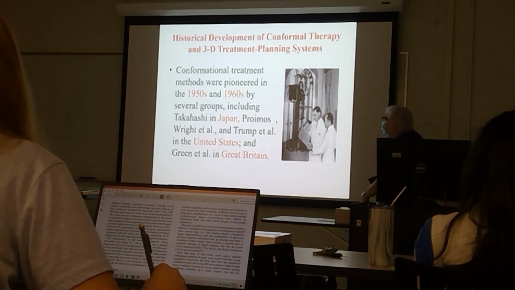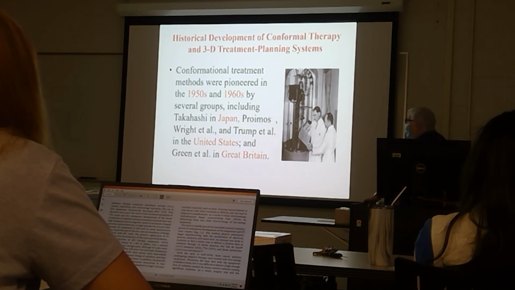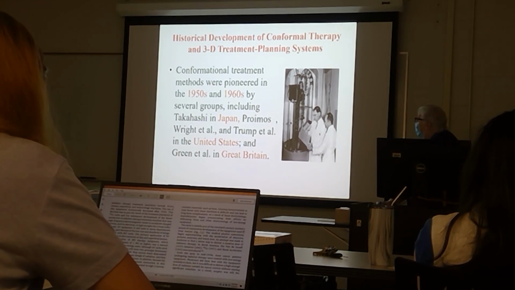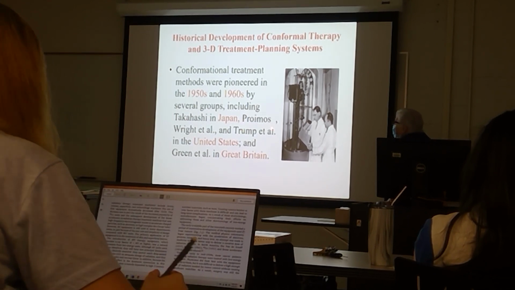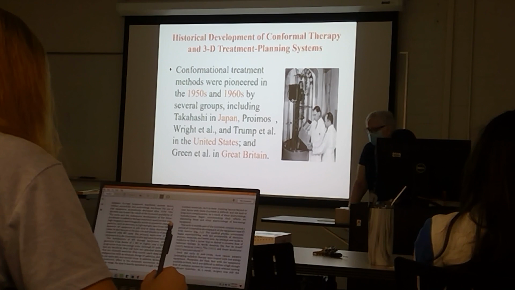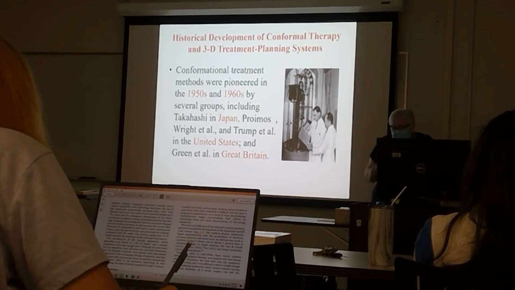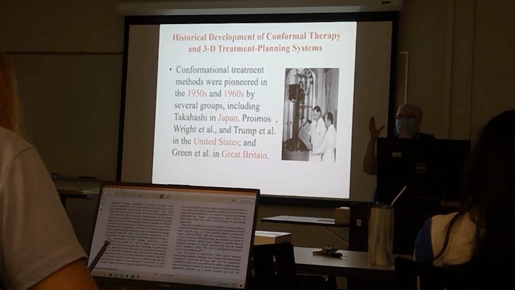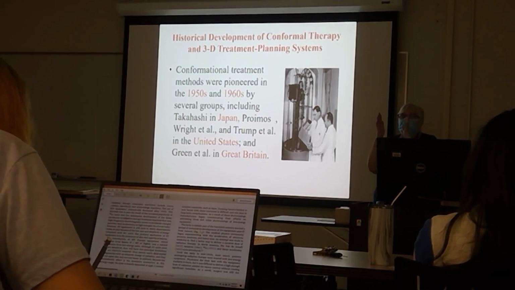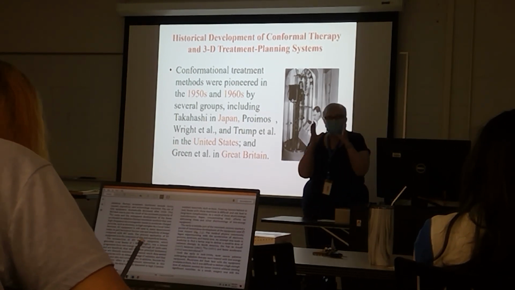So, this is certainly not conformal, but anyway, the 1950s and 60s were when conformal was starting. So basically, before the 1950s and the 1960s, you were treating with a fairly wide field of either a square or a rectangle.